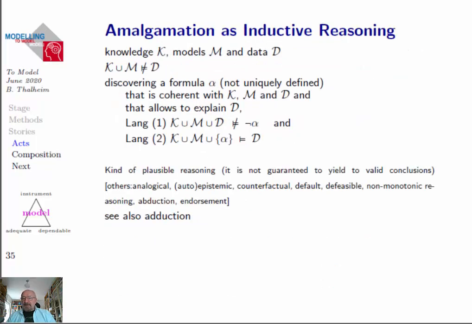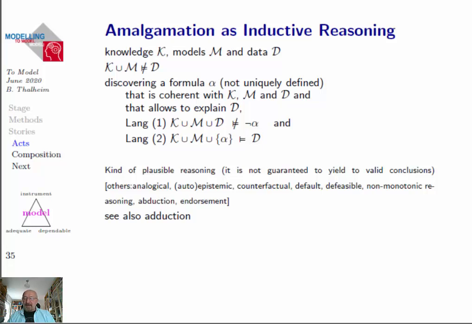Amalgamation can be based on inductive reasoning. Inductive reasoning starts with some knowledge, with some models we have, with some data, and our model and our knowledge does not somehow allow us to derive our data. Since we aim at discovering a formula that is not uniquely defined, that is coherent with our knowledge, our models and our data, and that allows us to explain the data we have in mind.